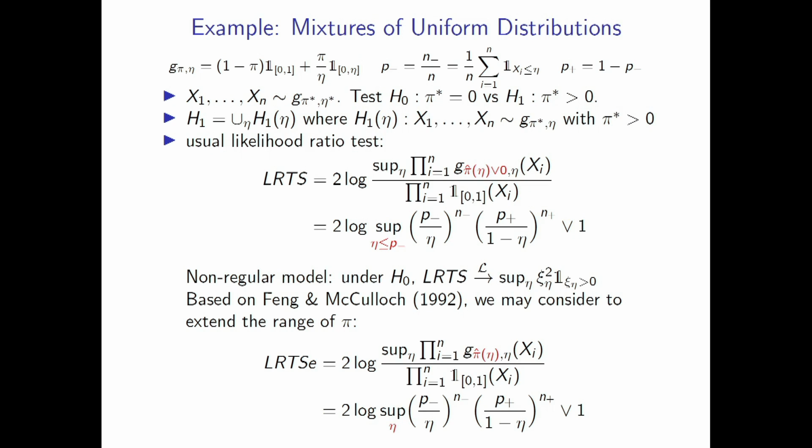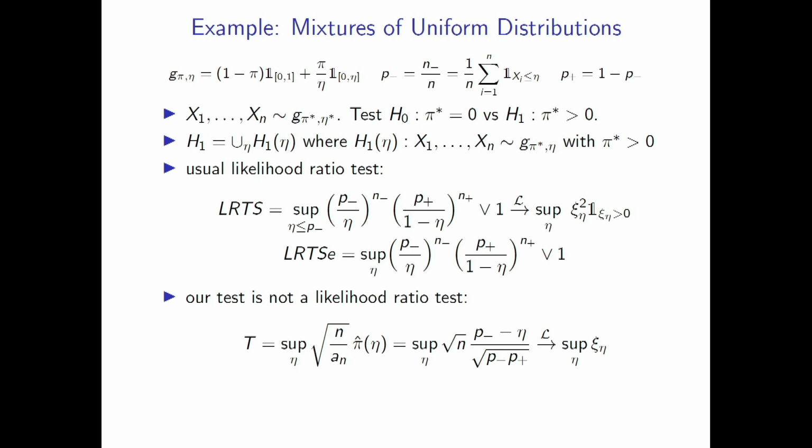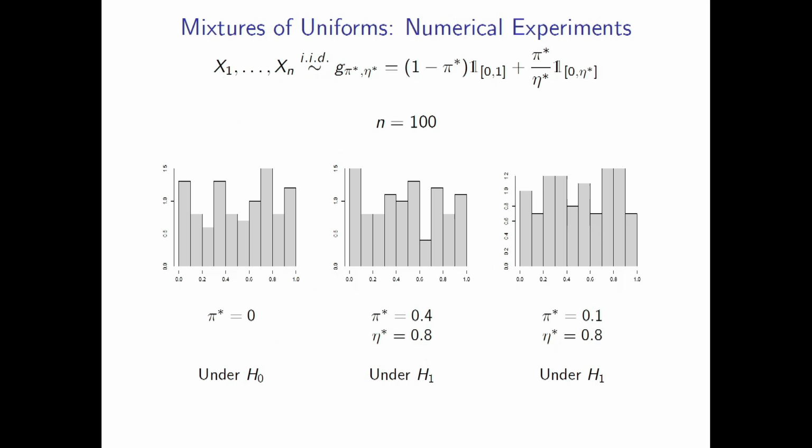I'm late, so I can't present all of this. This is the likelihood ratio test statistic, the usual one. We considered an extension of it, and we considered this test to compare with. We consider this test, which is the one I presented before, applied in this context, based on the pi hat, which is a Supremal estimator.